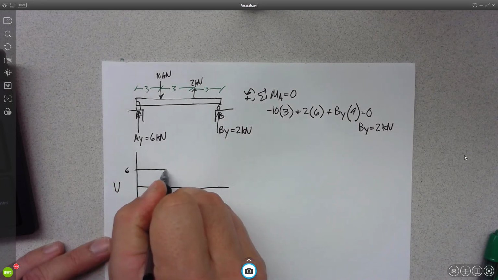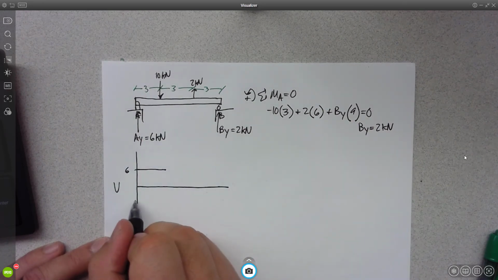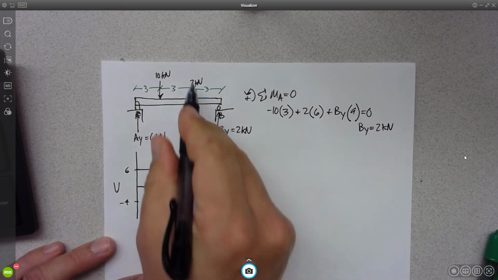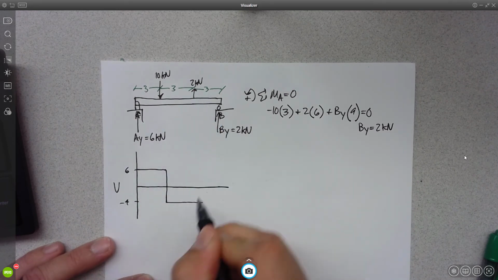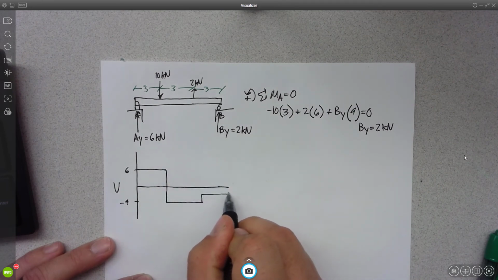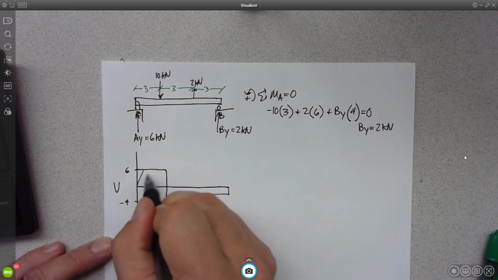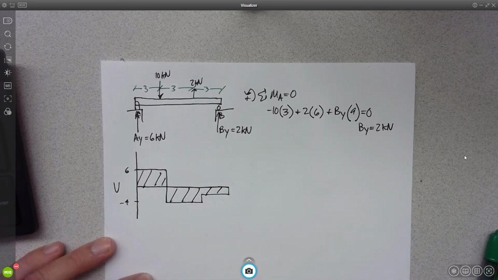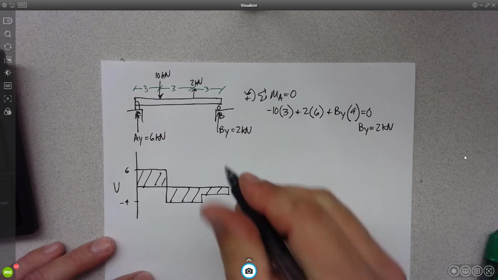I'm going to come across. I'm going to jump down 10. Negative 4. Come across. Jump up 2. Keep coming across and jump up 2 more. And I have a shear diagram. Okay?